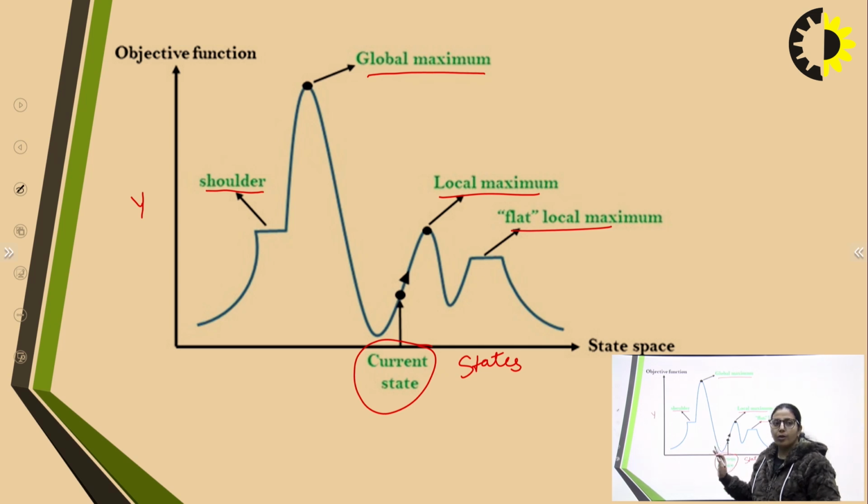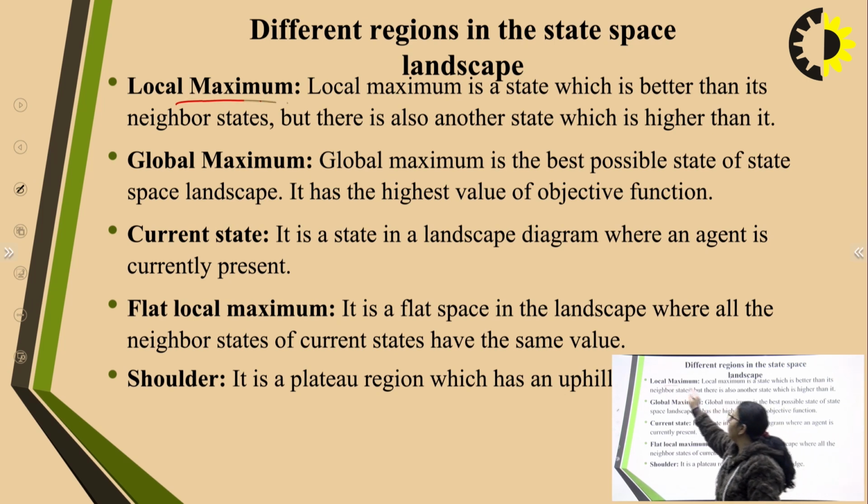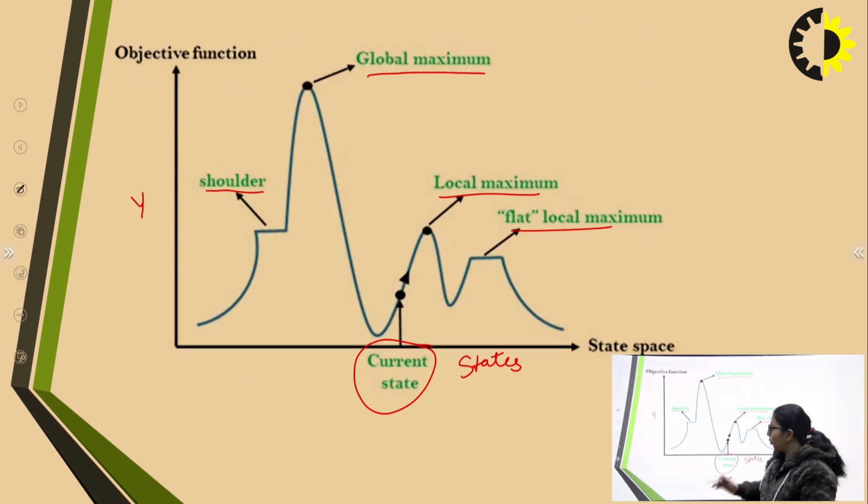So let us have a look at what the terms are. First is local maximum. Local maximum is the state which is better than its neighboring states, but there is also another state which is higher than it. Here you can see the state space diagram.